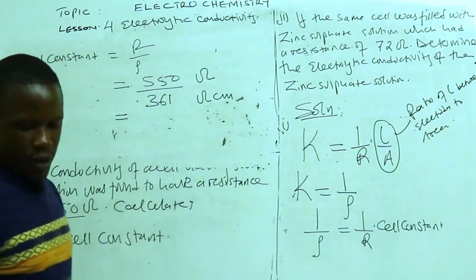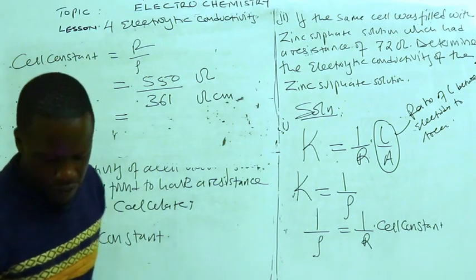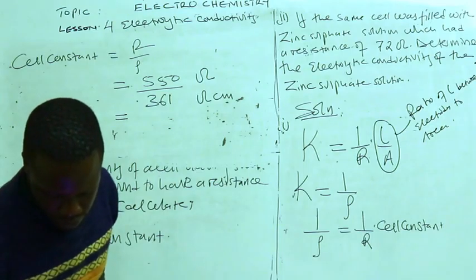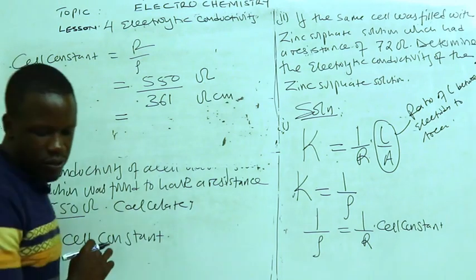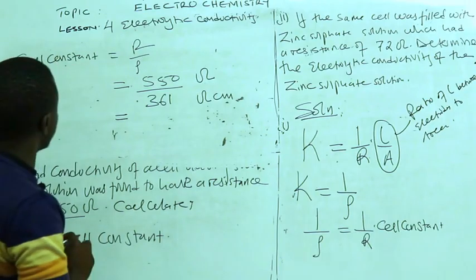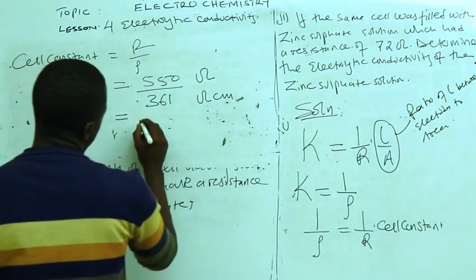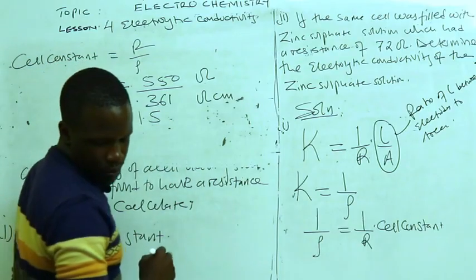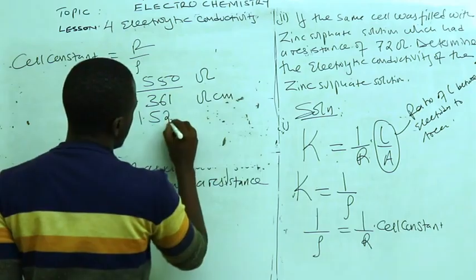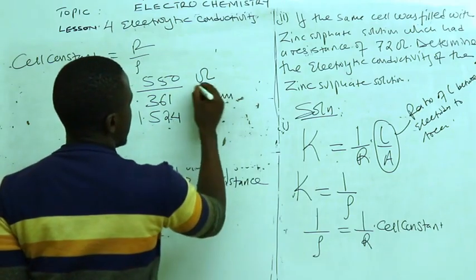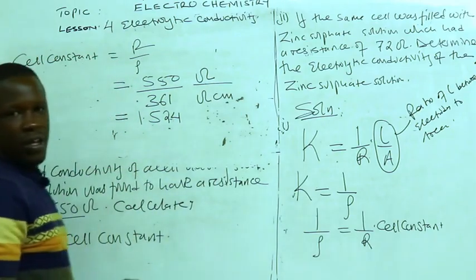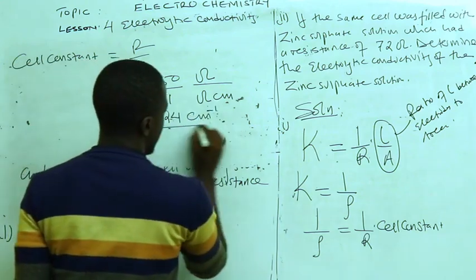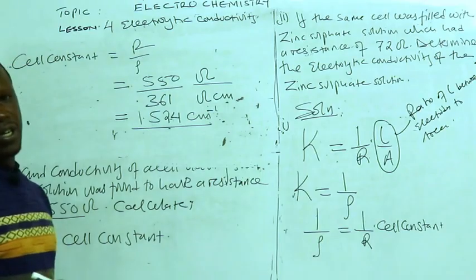So when we divide 550 divided by 361, we get a cell constant of 1.524. And these will cancel and we get per centimeter, which is the units of cell constant.